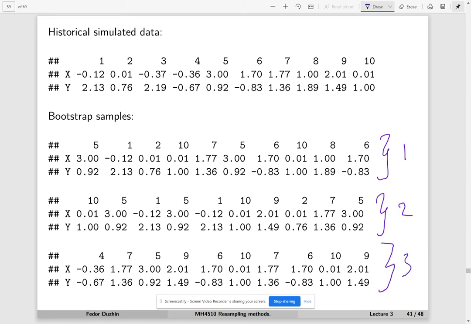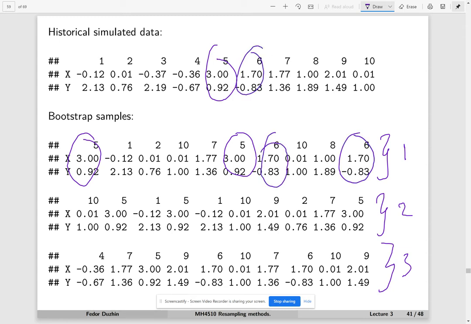If you look at sample 1, you will notice that observation 5 appears twice. Observation 6 appears twice. But observation 3 just does not appear.